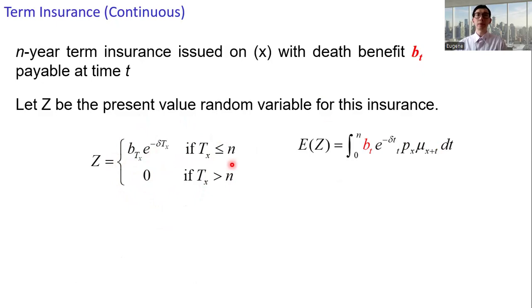The expected value is the death benefit amount times the present value factor, and then times the PDF of T_x. The corresponding expected value of Z squared, and then from that, we get the variance.